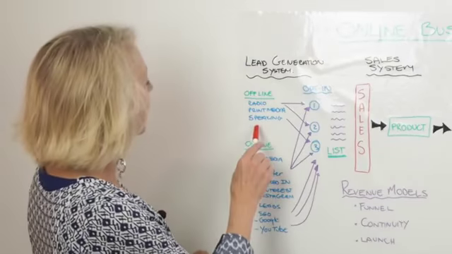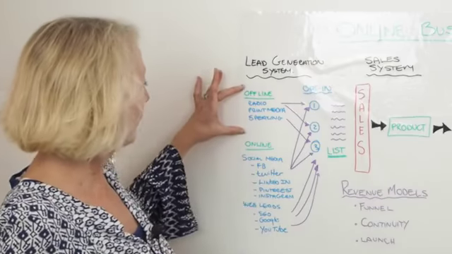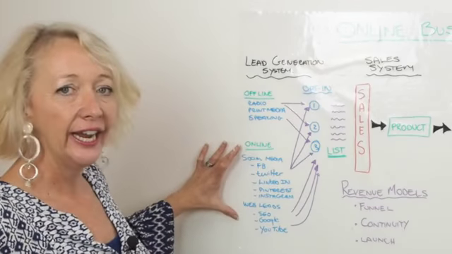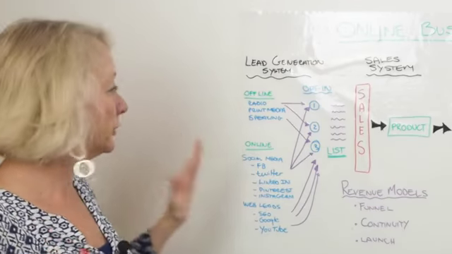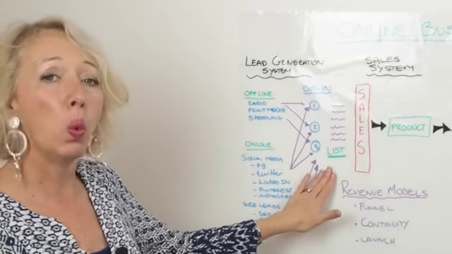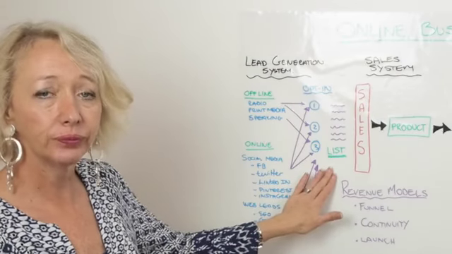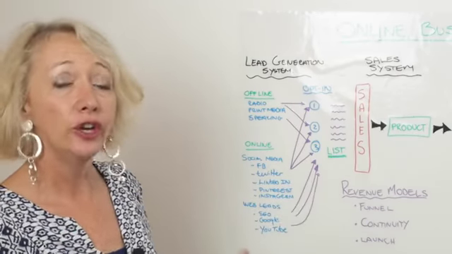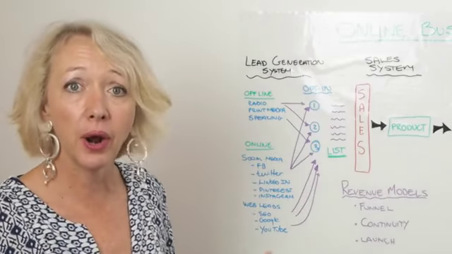So in terms of lead generation, there are both offline and online lead generation. What you're doing ultimately is trying to get a way to contact people so that when you're ready to sell, you can actually offer them this product.